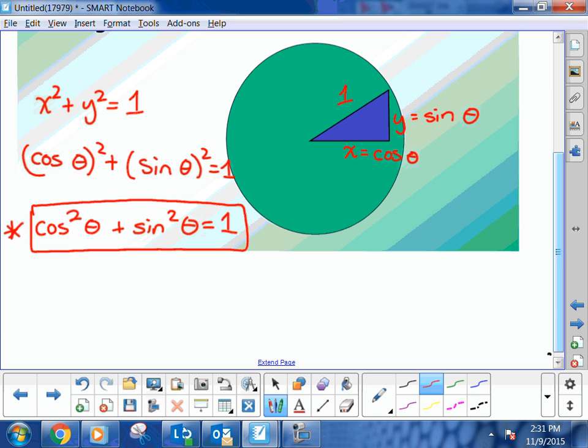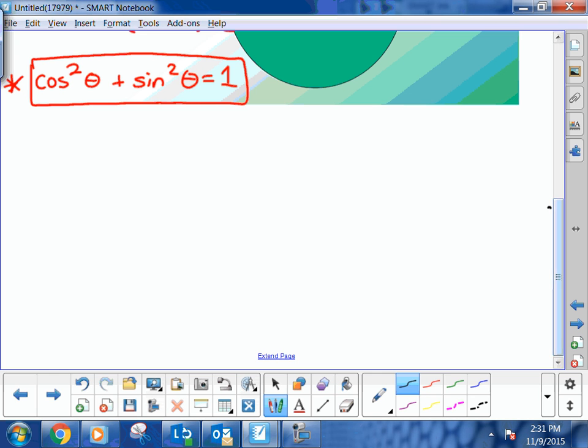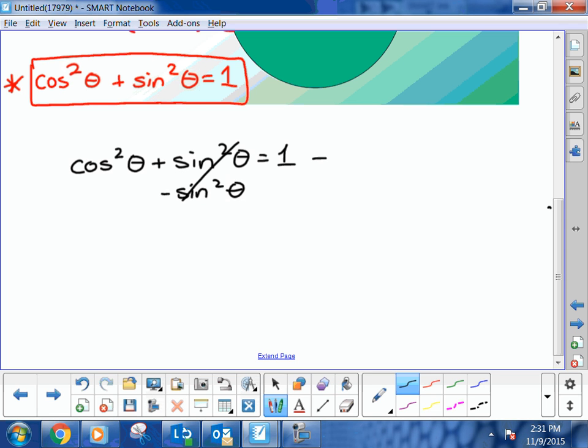Now, what is one of the other ones that depend on it? The other 2 are easy off this one, because if I manipulate this equation a little bit, for example, if I take cosine squared theta and sine squared theta, and I decide to isolate cosine squared theta, meaning that I remove sine squared theta, I will make a new identity function just off the isolation.